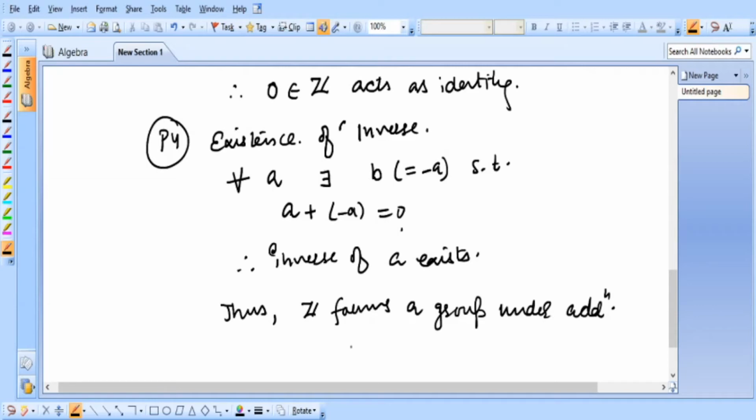Okay, so you see, one more time I would like to discuss this inverse. And what is this inverse thing, right?